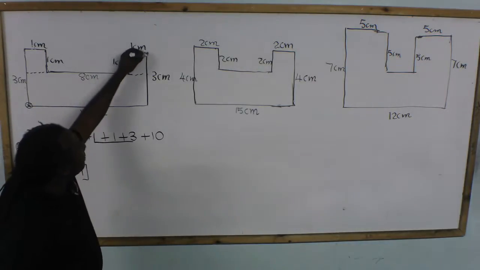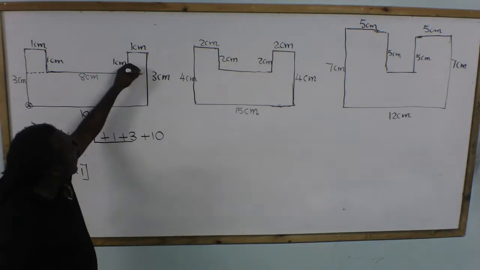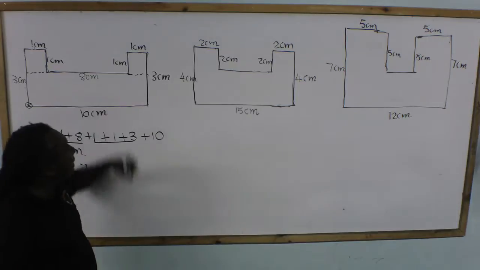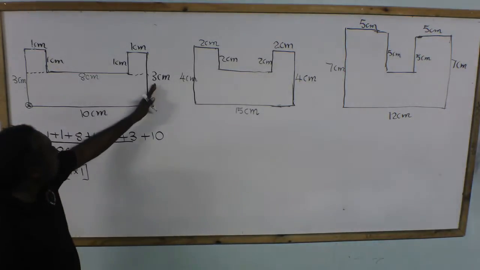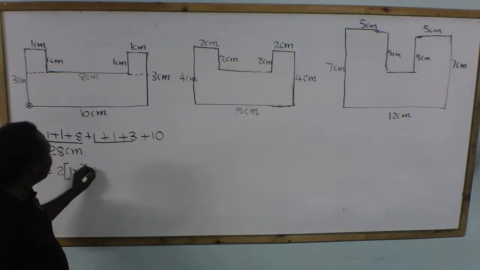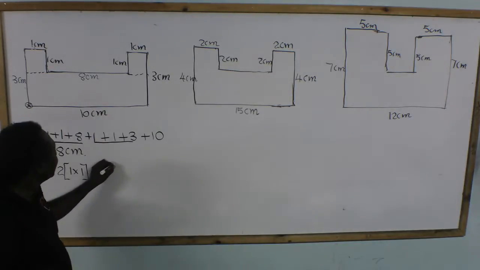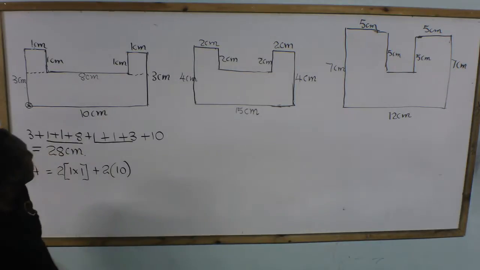Let me say that again. We have, from here to here is 1 centimeter, all of this is 3 centimeters. So if we take 1 from this, then the rest will be 2. The remainder will be 2. So it is going to be 2 times 10. So that's plus 2 times 10.